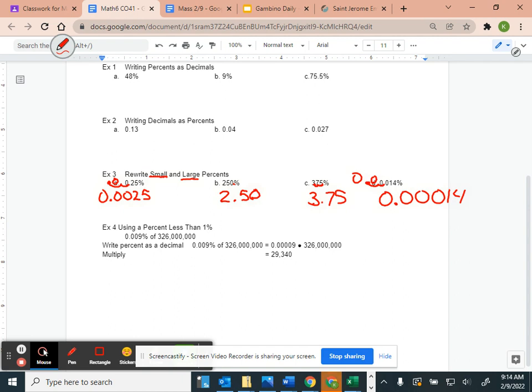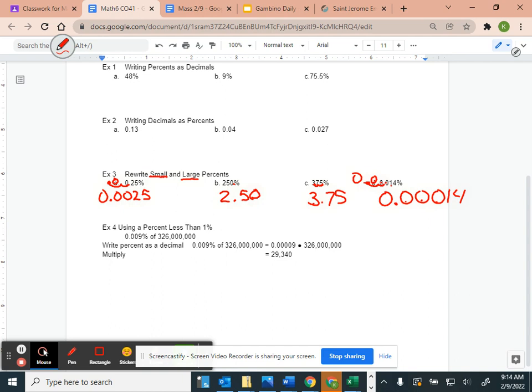So let's see. 0, decimal, 0, 0, 0, 1, 4. Perfect. Okay, so if on your paper you need to draw the lines to move your decimal place over and fill in the empty places with a 0, do that. It makes your life easier.